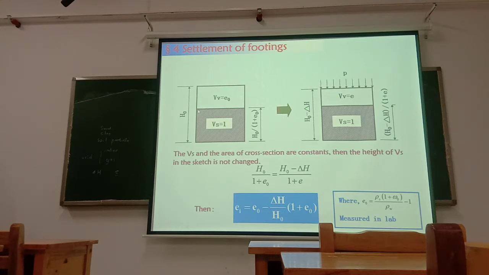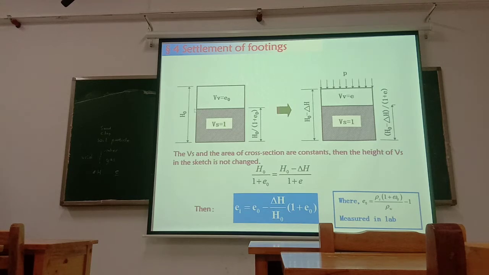Okay, before compression, the initial height H0, and have a section area, the same section area when the compression occurs. Maybe the section area does not change, only the height changes. Okay, the section area is constant.